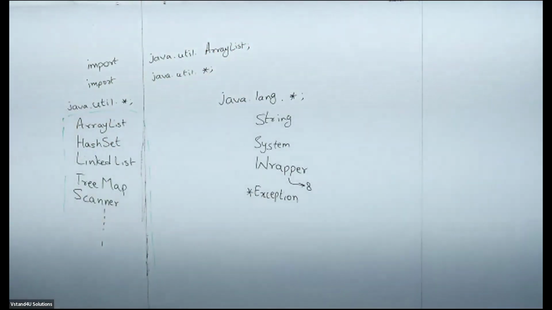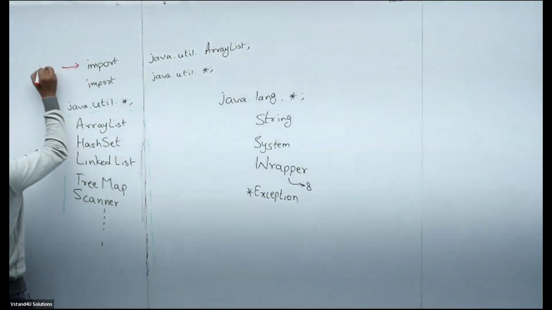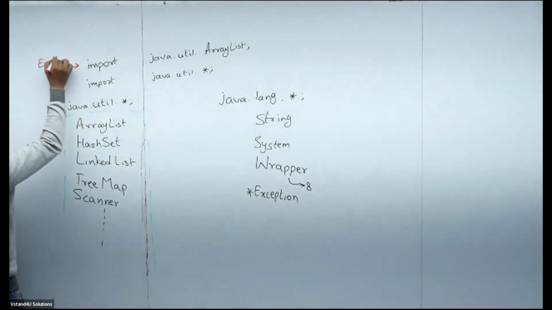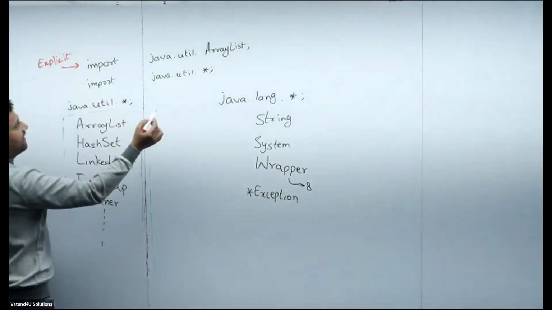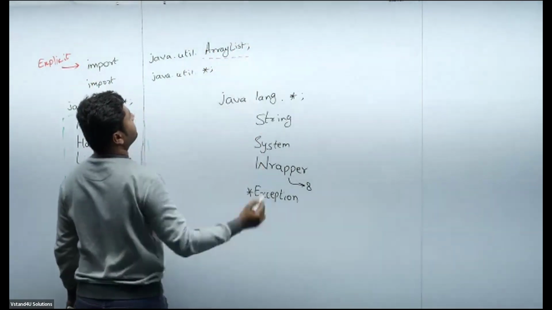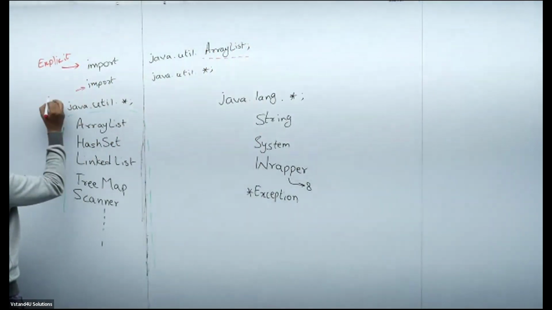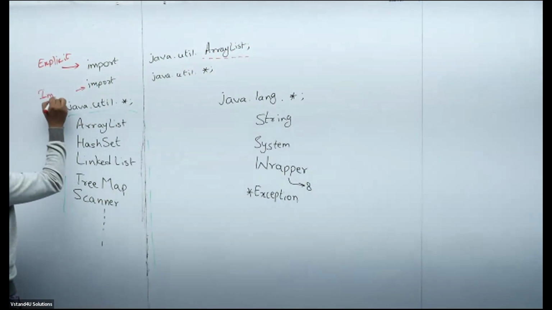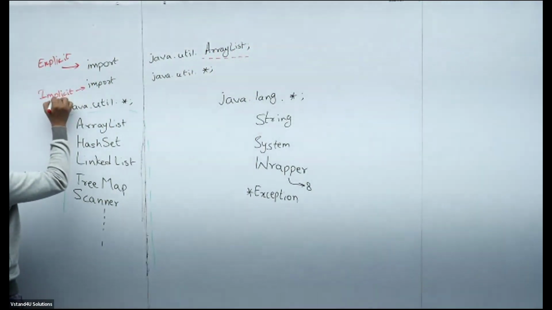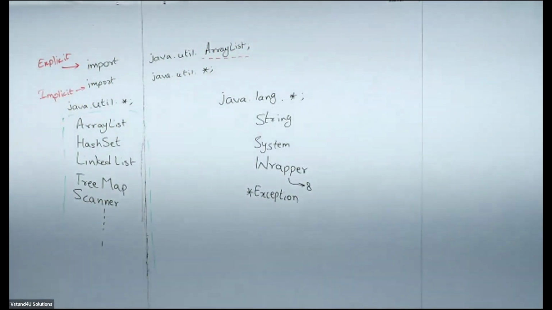The first one is called the explicit import, where I have to write the class name explicitly. The second one is called implicit import. I hope you are getting my point, everybody.